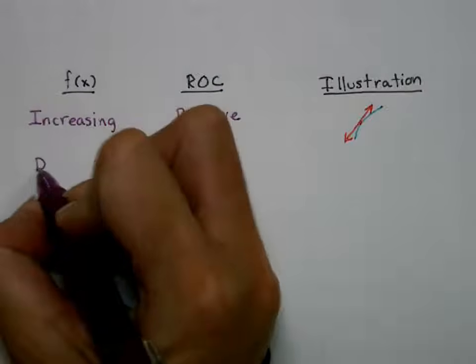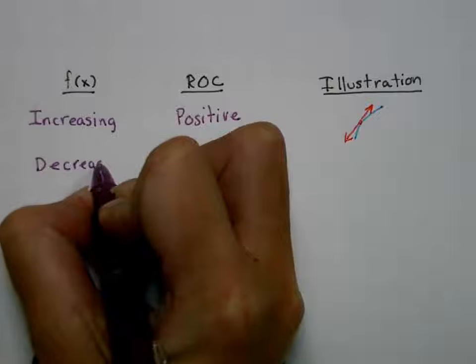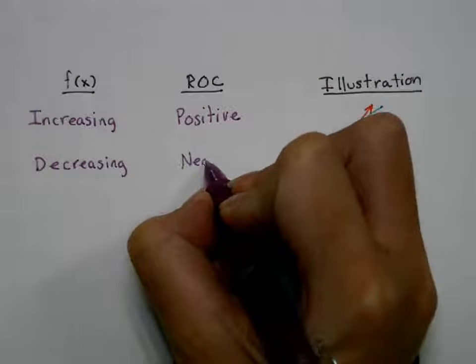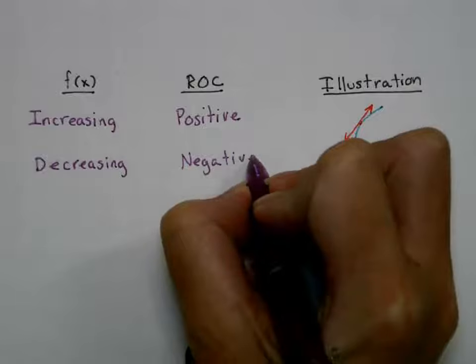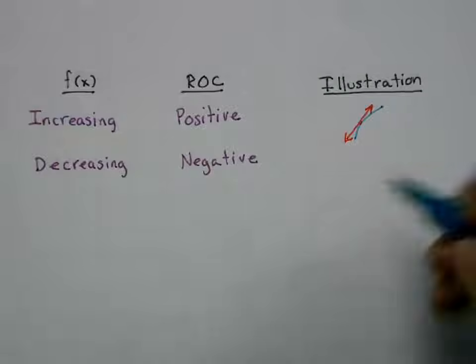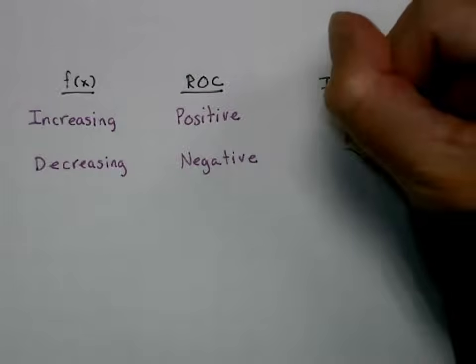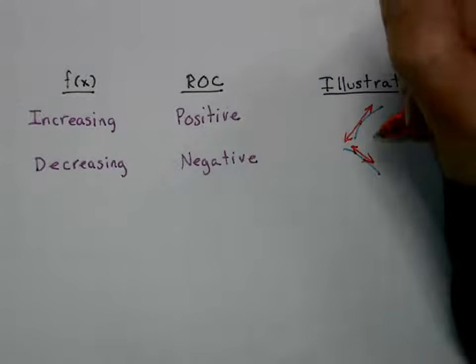If our graph is decreasing, then our rates of change are negative. So if I have a decreasing graph, any slope, any rate of change is going to be negative there.